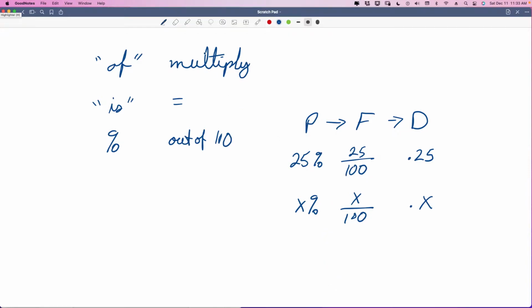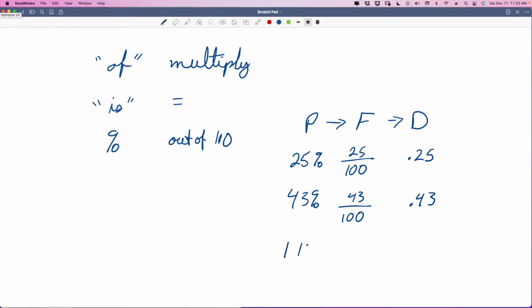You're only going to have two decimal places. So if we said 43%, that'd be 43 over 100 or 0.43. Even if we have a number bigger than 100, it works the same way.